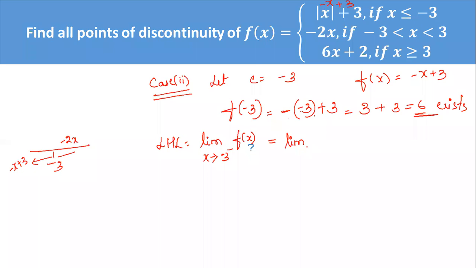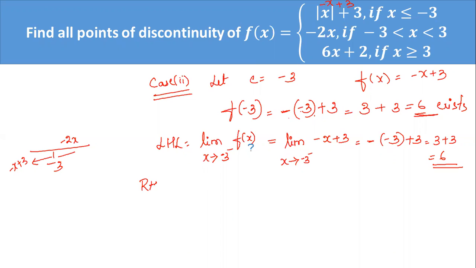The first definition. So that is limit of minus x plus 3 as x tends to minus 3 from the left. So you apply x is equal to minus 3. So this is equal to minus of minus 3 plus 3, that is 3 plus 3 is equal to 6. So your left hand limit is 6.